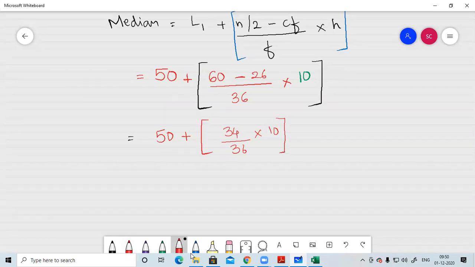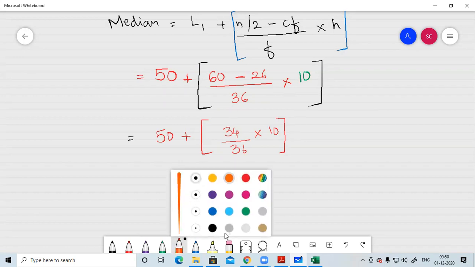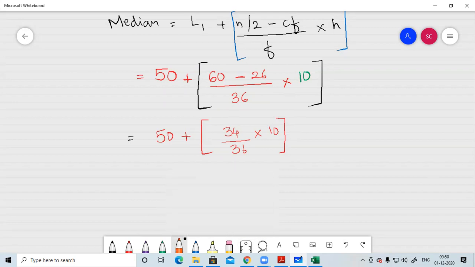Here it is more important that we first multiply. Normally people say first divide, but we are going to first multiply so that our calculation comes more precise. So we will get 50 plus 340 divided by 36. Is that correct?